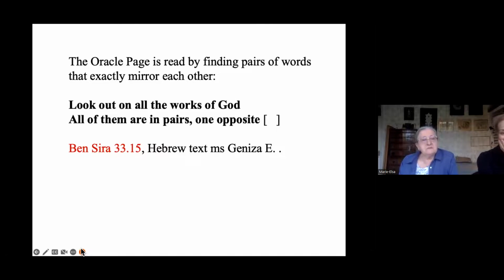And one of the things Ben Sira says as a statement of his philosophy, this is written about 200 BC: Look out on all the works of God. All of them are in pairs, one opposite, and then the Hebrew text of this particular part is broken, so we don't know. But the important thing is there, all the works of God are in pairs, one opposite, and the Greek tells you it's one opposite the other, but we could have guessed from that.